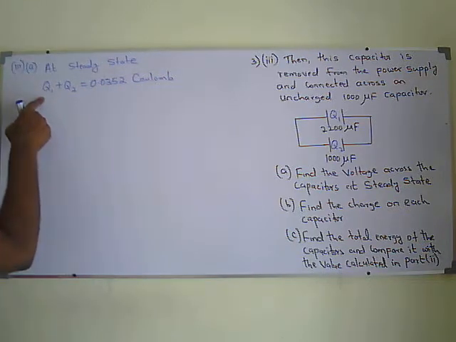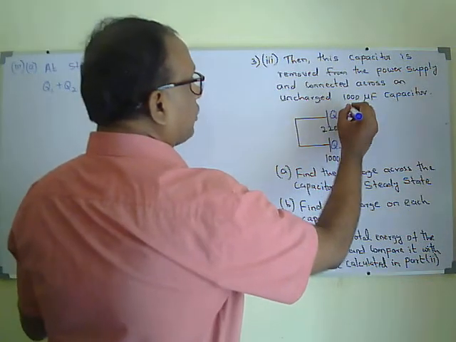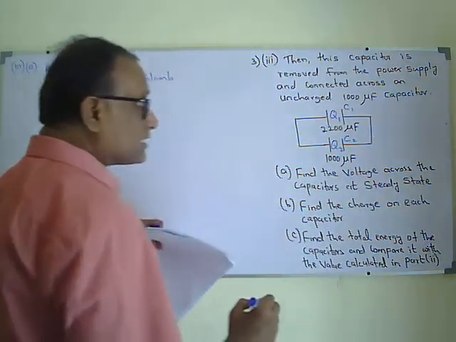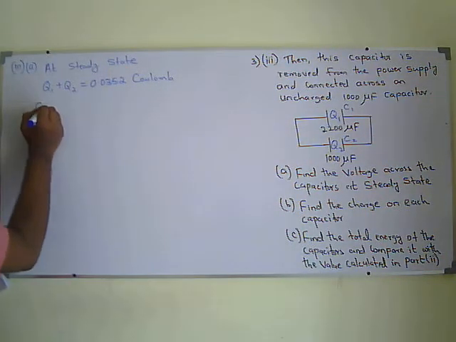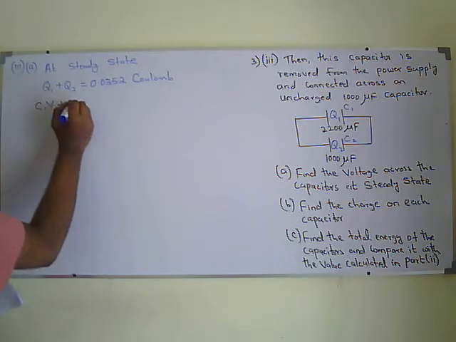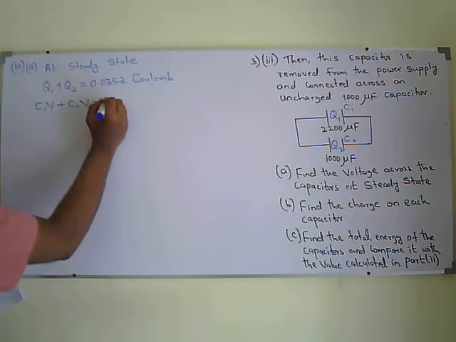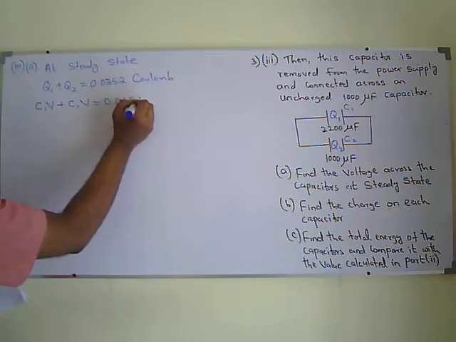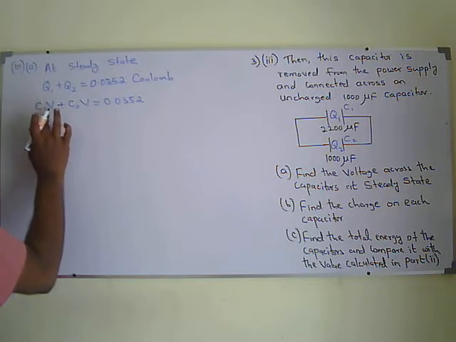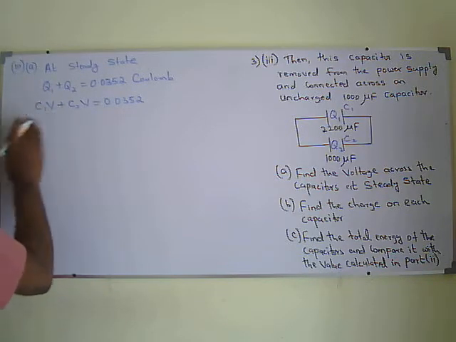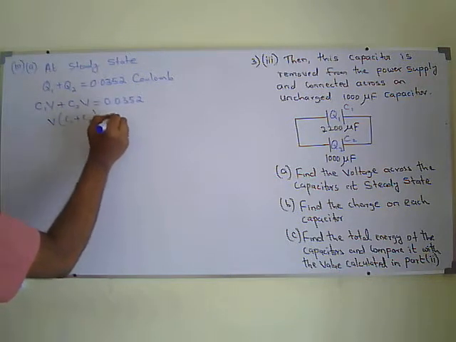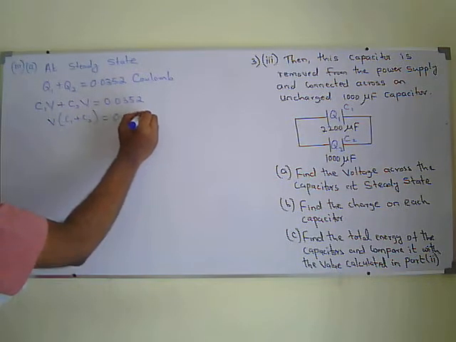But Q1 is equal to C1 V. I can call this capacitance C1 and this C2, and I will substitute the values later. So C1 V, both are going to have the same final voltage, plus C2 V is equal to 0.0352. Taking V common, V into C1 plus C2 is equal to 0.0352.